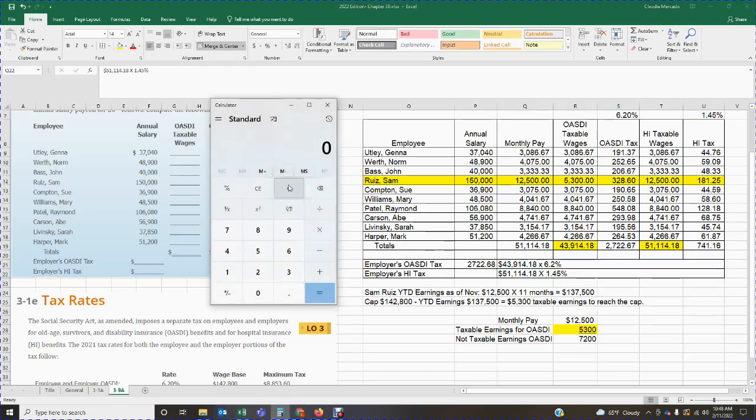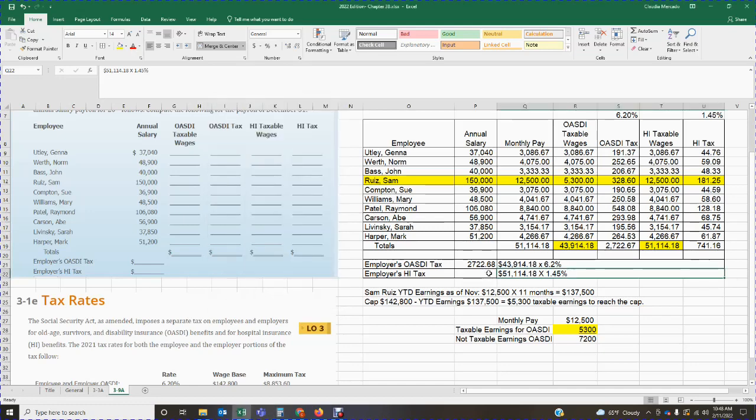Okay, so 51,114.18 times 1.45% gives me 741.155. Okay, that third digit is a 5, so that means that I need to round up that second digit from a 5 to a 6. So it'll be 741.16.